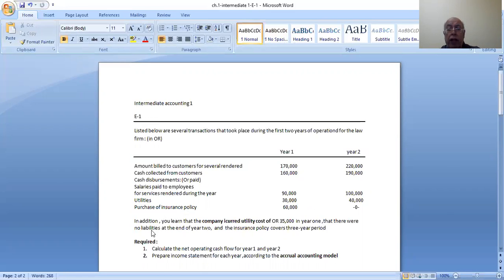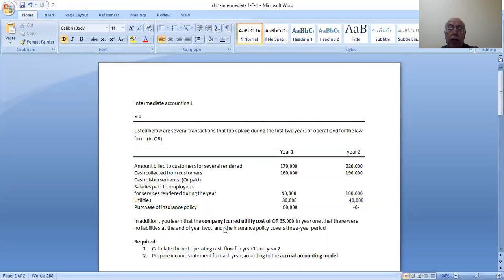And here we have more information related to the transactions of utilities, and also information related to the insurance policy.